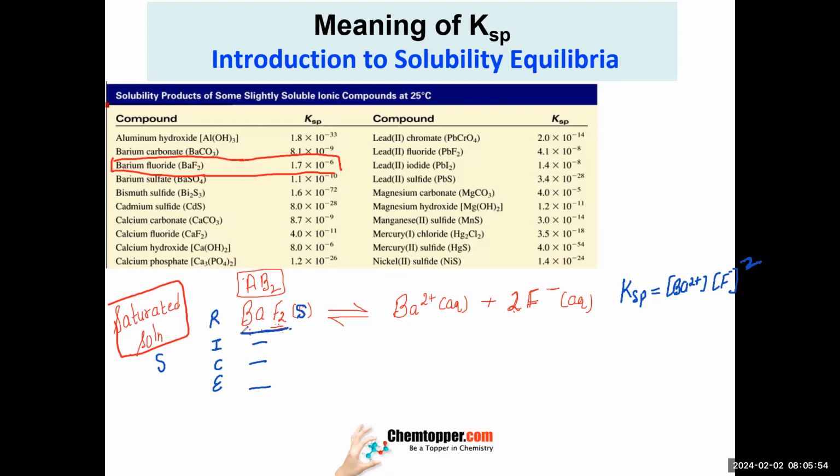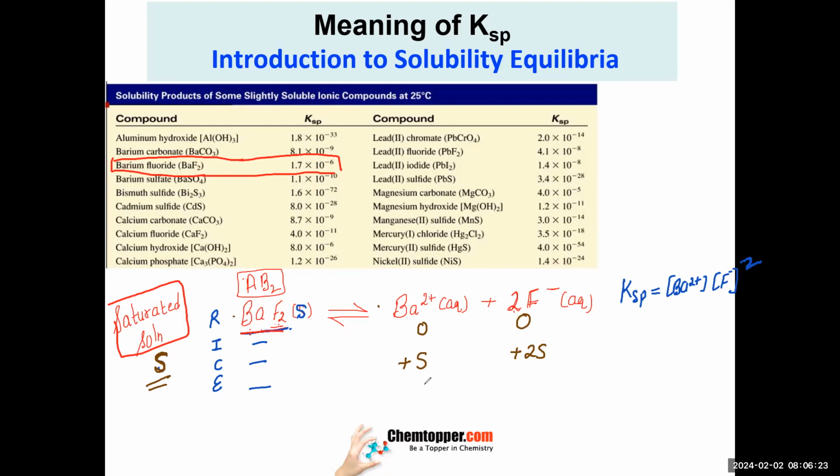Initially, when I added this solid in the water, how much is Ba2+? 0, and 0 for F-. Now, S moles are undergoing dissolution per liter. Molar solubility is this. So how much Ba2+? See the ratio, 1 is to 1 is to 2. So this is S and this one is 2S.